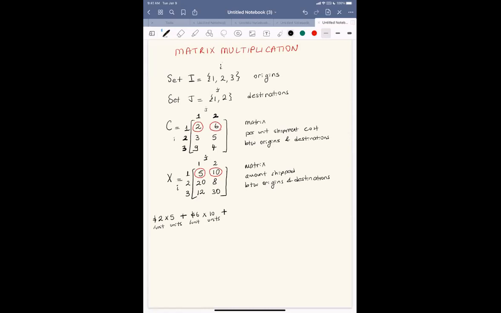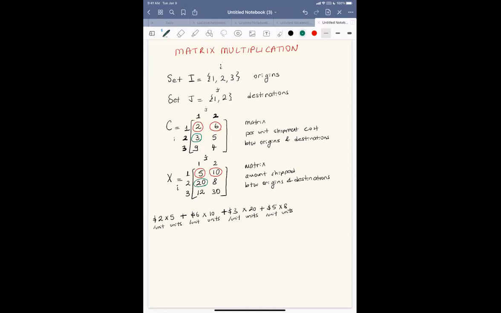Now we're going to move on to our second origin. The cost to ship is now $3, and we are shipping 20 units between that origin-destination pair. So $3 per unit times 20 units. And continuing with that row, we have $5 per unit multiplied with 8 units.